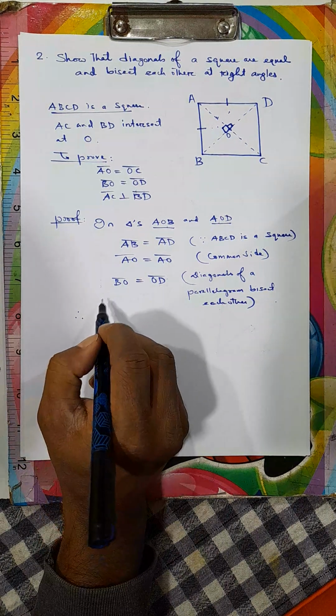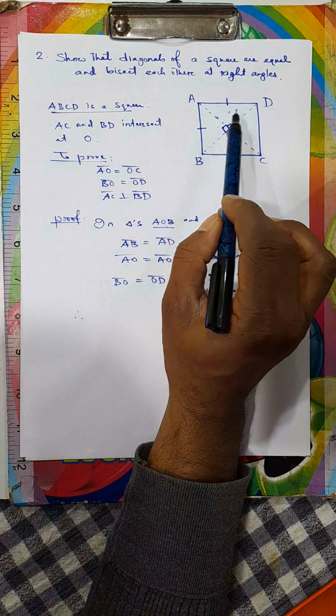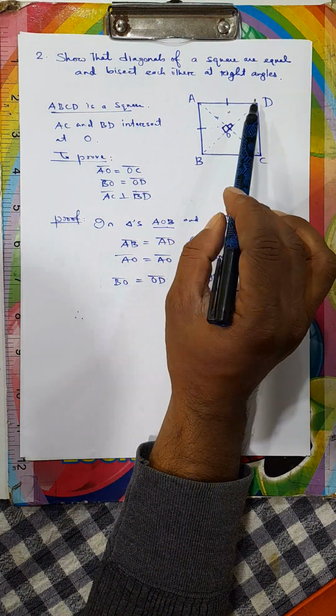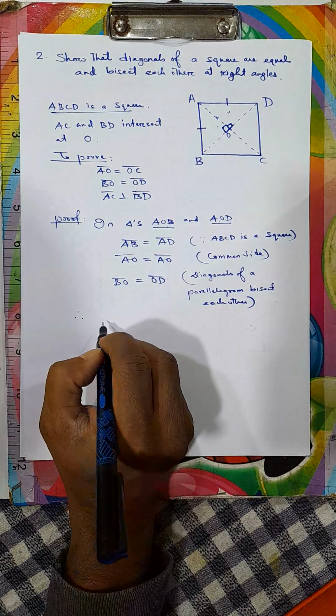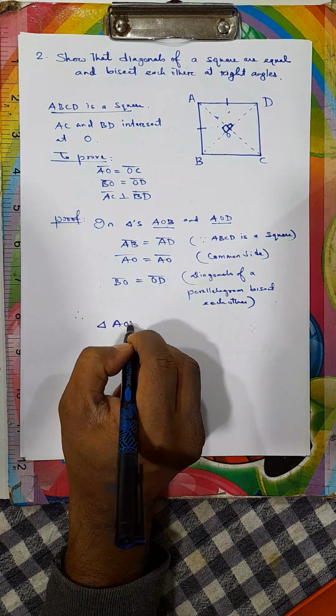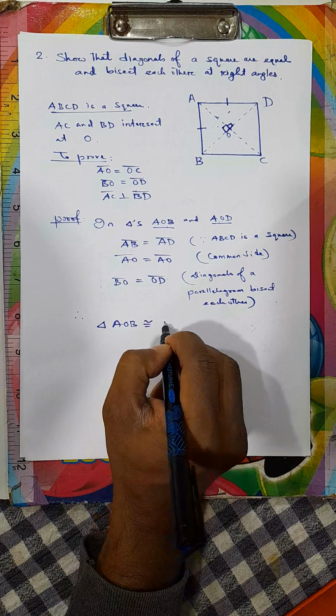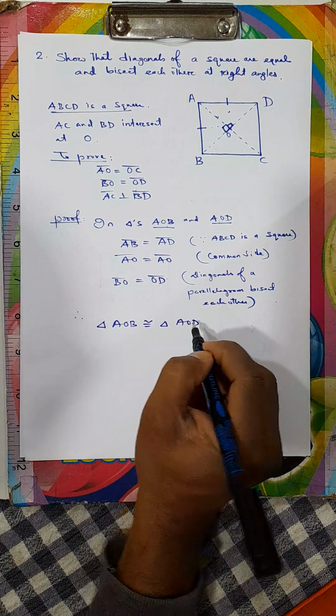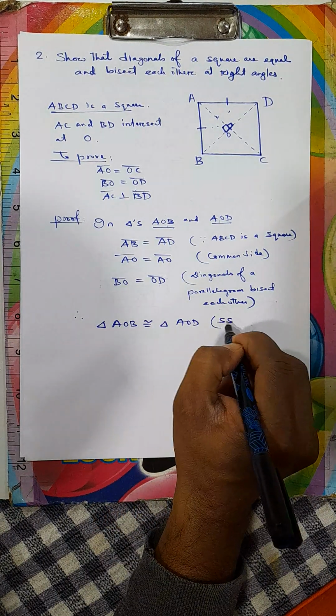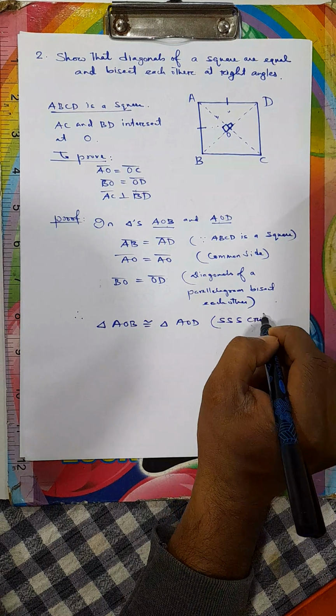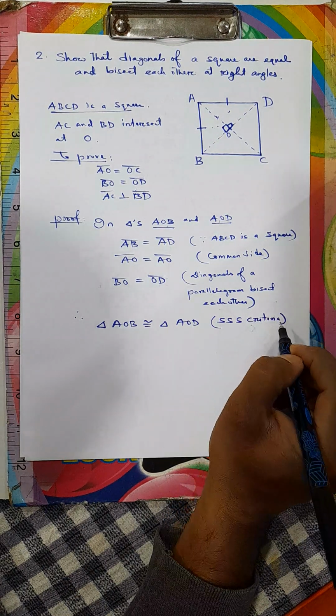Therefore, we find that three sides of this triangle are equal to three sides of this triangle. So they are congruent. Triangle AOB congruent to triangle AOD by SSS criteria. Right?